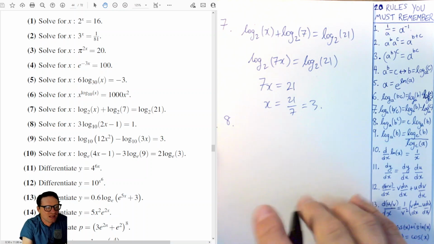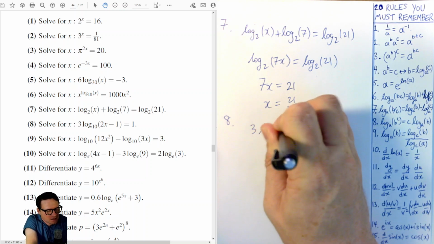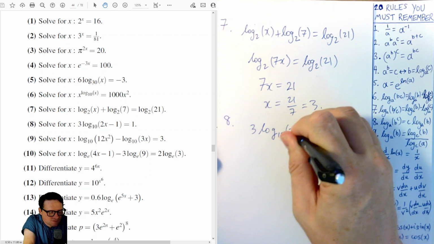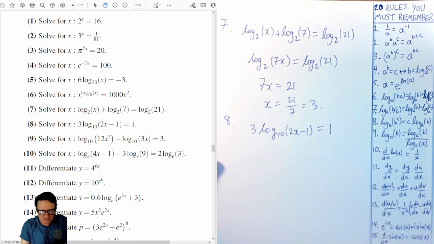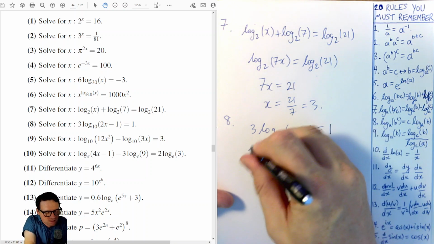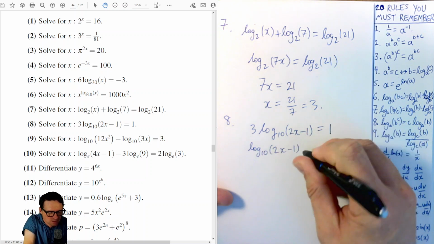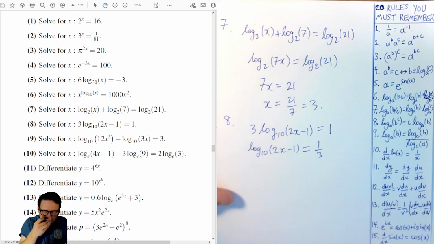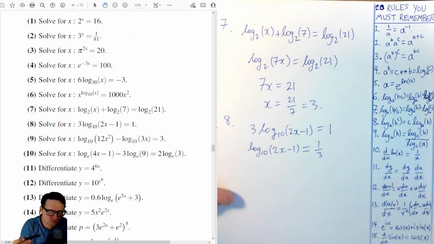So in question 8, we're solving for x, 3 log to base 10 of 2x minus 1 is equal to 1. Okay, let's divide throughout by 3 first. So we have log to base 10 of 2x minus 1 is equal to 1/3. Now let's change to an exponent form of this using rule number 4.